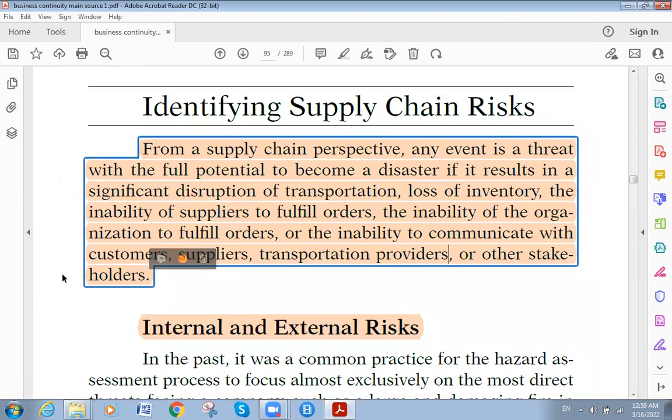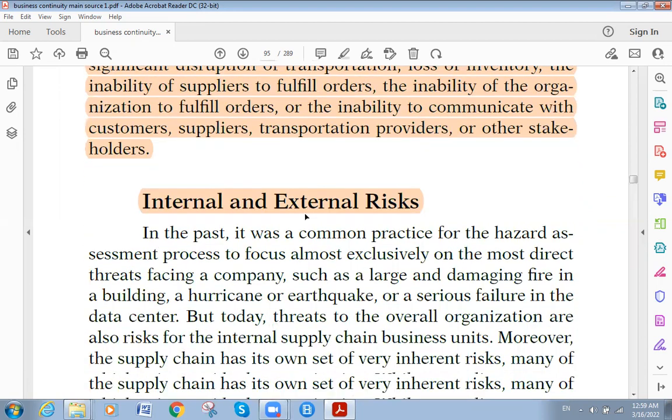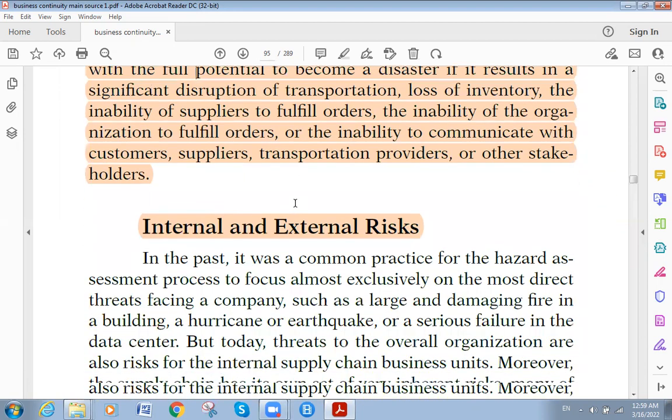So in the supply chain, it's not only warehousing, transportation, all this, and we see that disasters will affect a part of it or the total of it. Consequently, if one part is damaged, then the other parts will be hurt. That's why we say that the effect will be on the total supply chain.